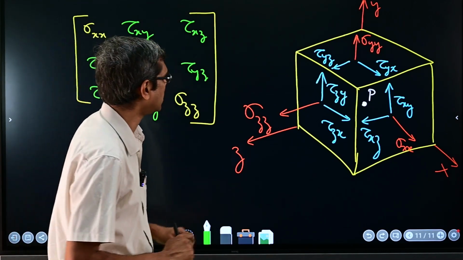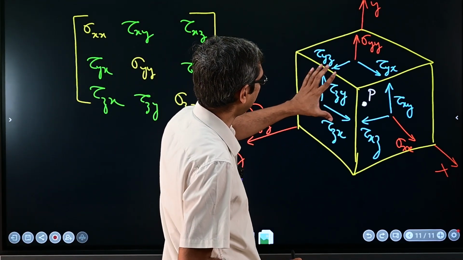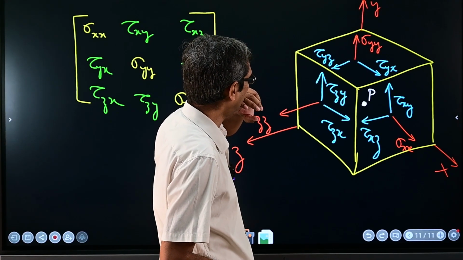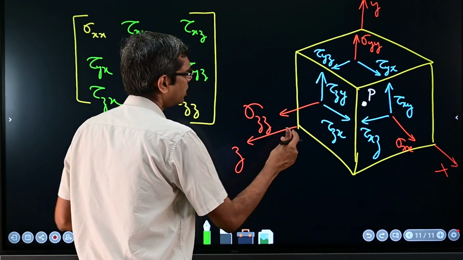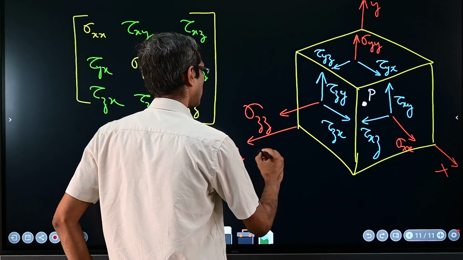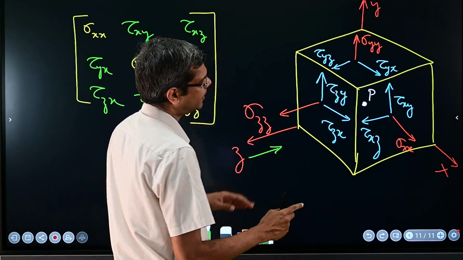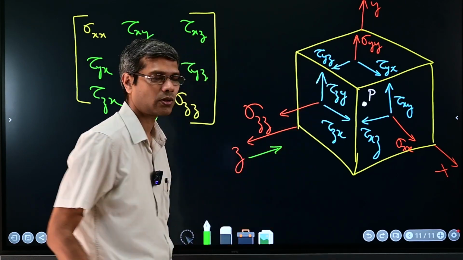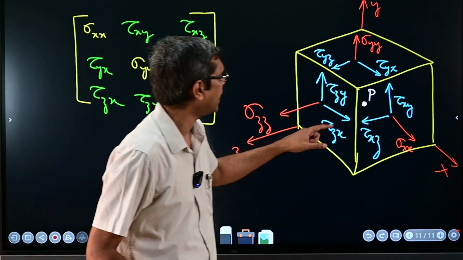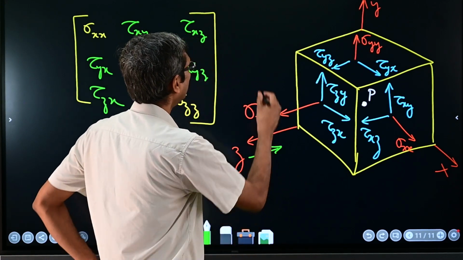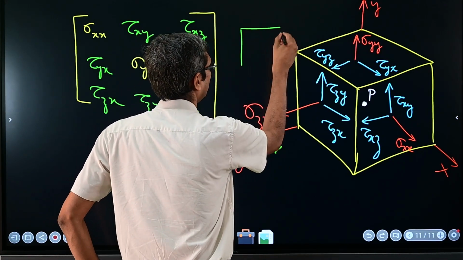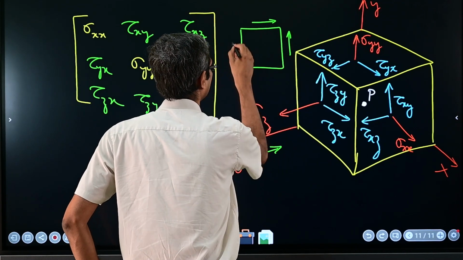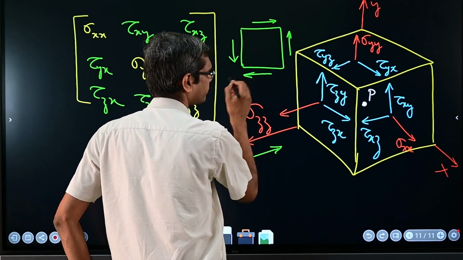Now the point I'm trying to make is, if you look at this cube from this side, and assume that all the other faces are not having any stresses, what you will see is a square on which stresses are acting like this, right?